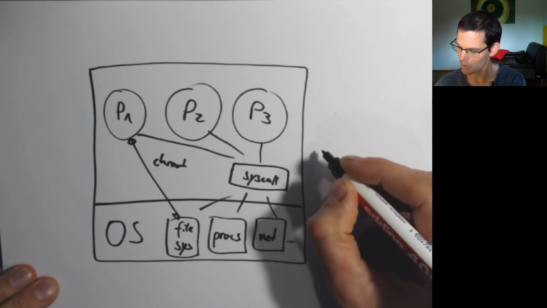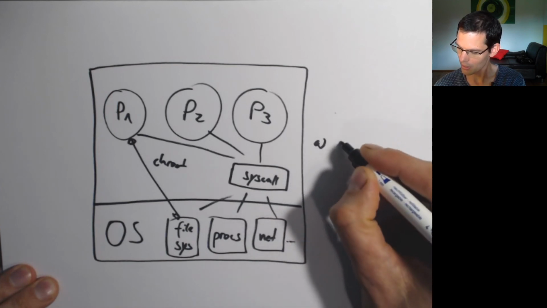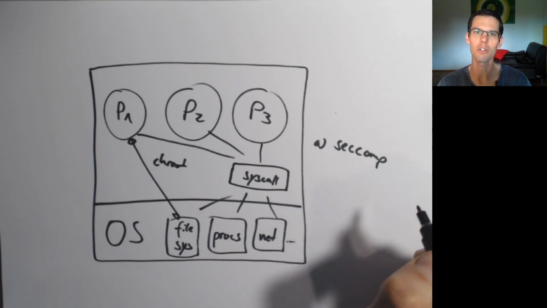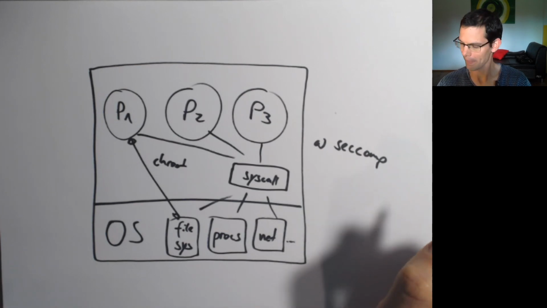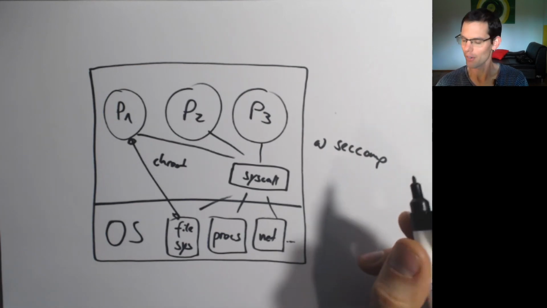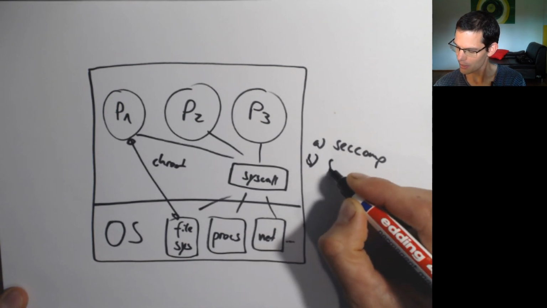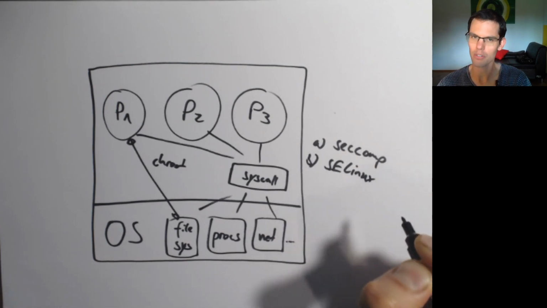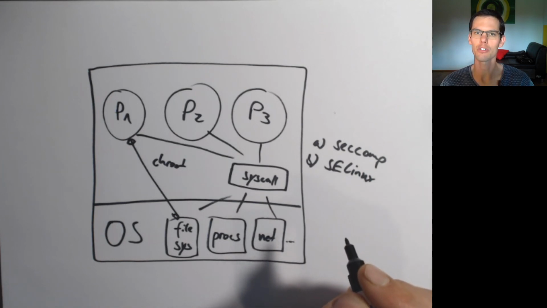There are two alternatives we're going to discuss. One is the so-called seccomp filter, where you can filter which types of system calls should be allowed. And if you want to do it even more fine-grained, you can go for SELinux. SELinux enables you to specify not only what types of system calls, but also in way more detail define policies of what a process is actually allowed to do.